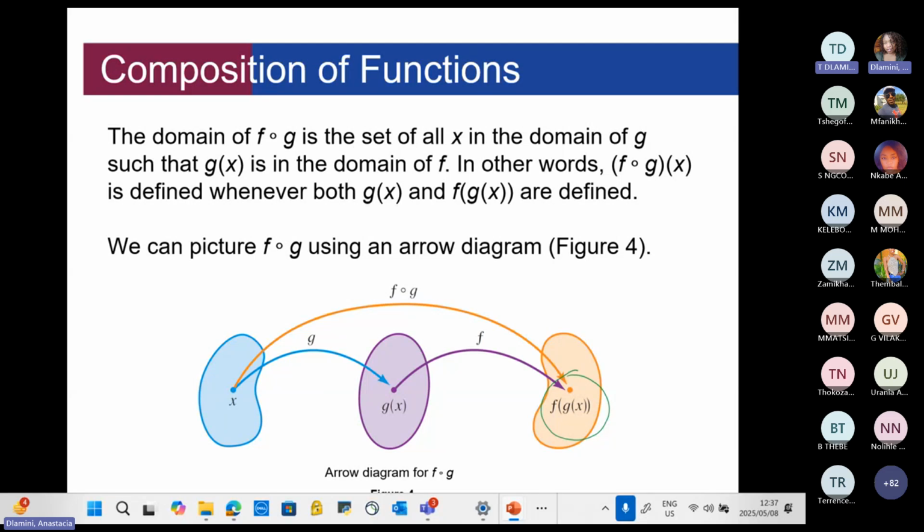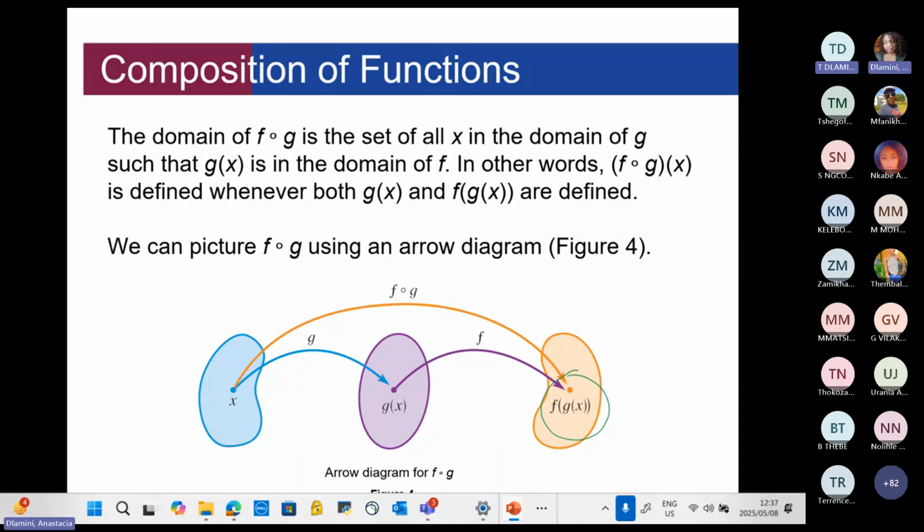So x has to be in the domain of g, and g of x also has to be in the domain of f. When you're looking at the structure, it makes sense, ma'am, but now I would like to see you make an example so that we can have a clear picture of what is happening.